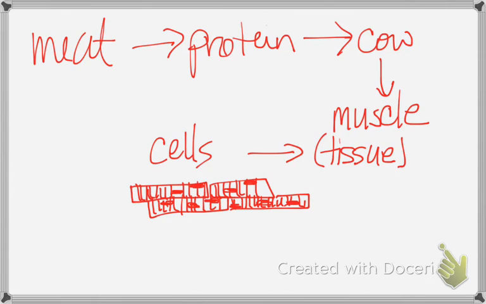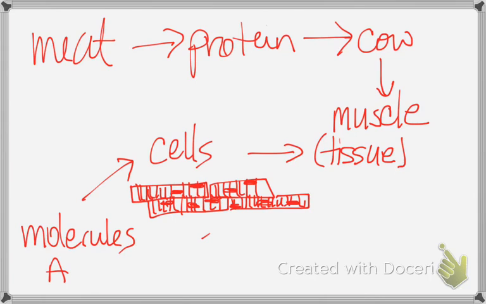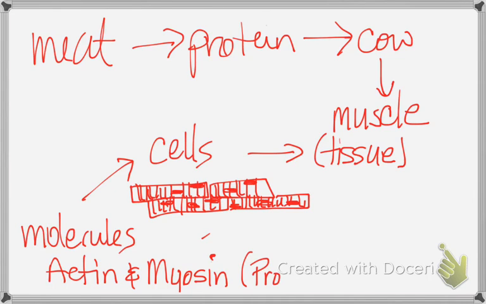And if I look really closely inside of those muscle cells, there are molecules called actin and myosin. And actin and myosin are proteins.